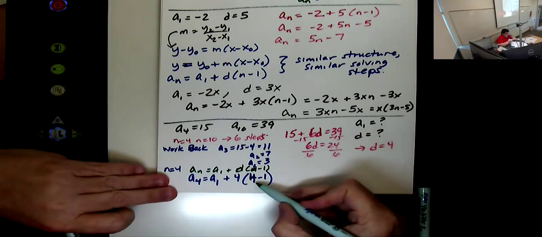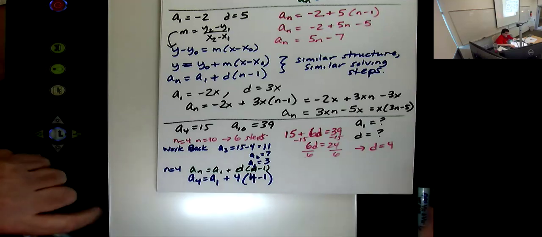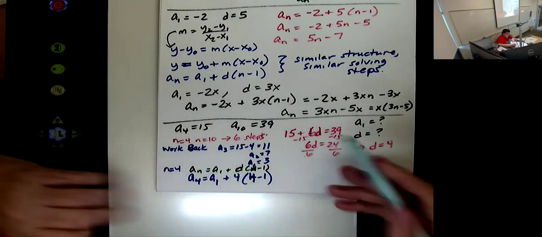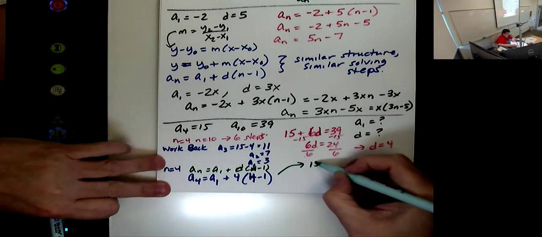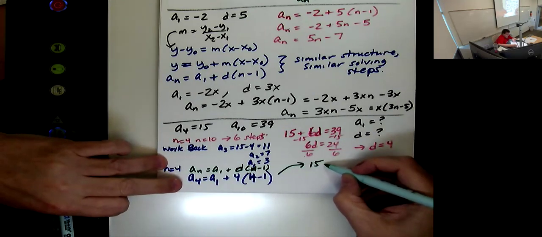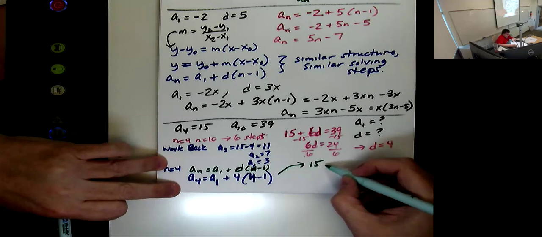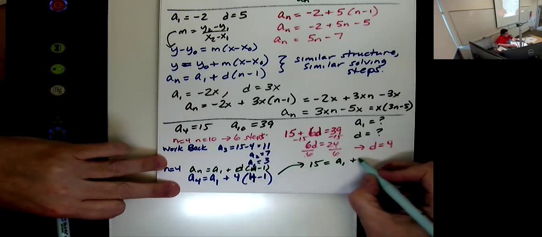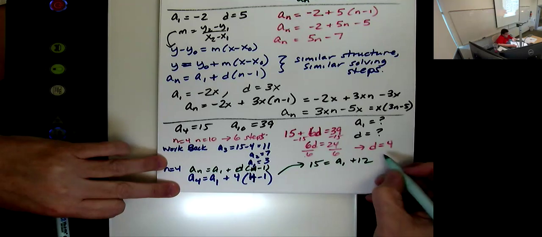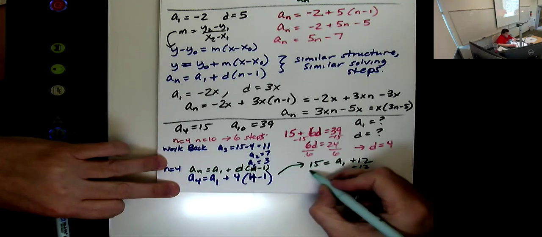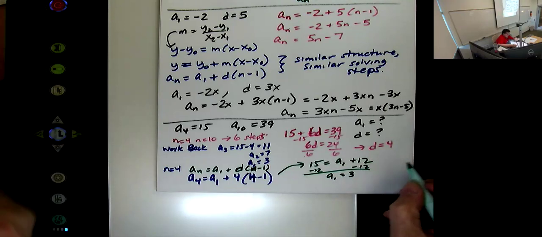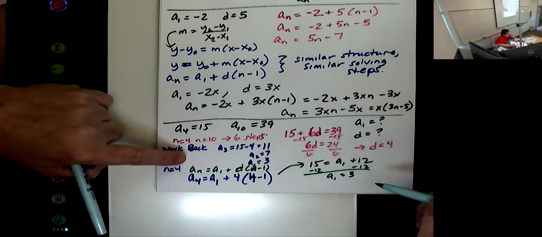Well, here I've got a sub 4, and I know what a sub 4 is. A sub 4 is 15, which equals a sub 1 plus 4 times 3, which is 12. A sub 1 equals 3. So you can find it either way.